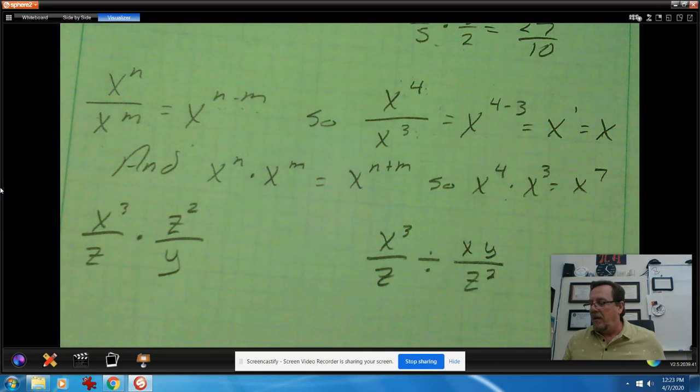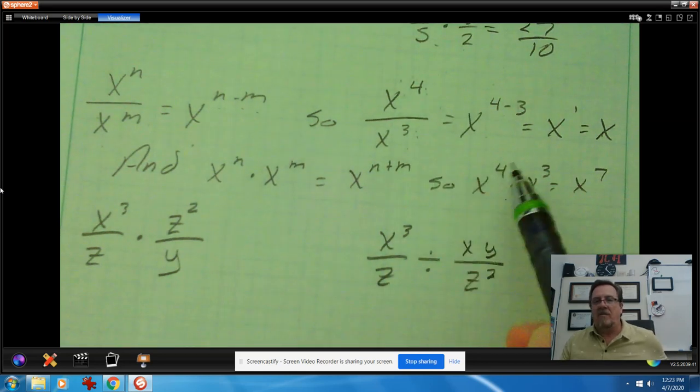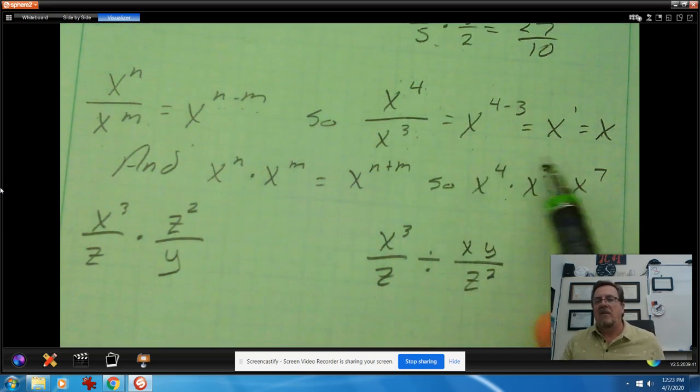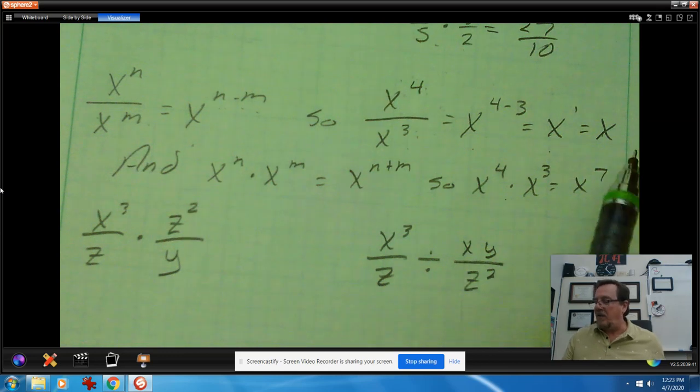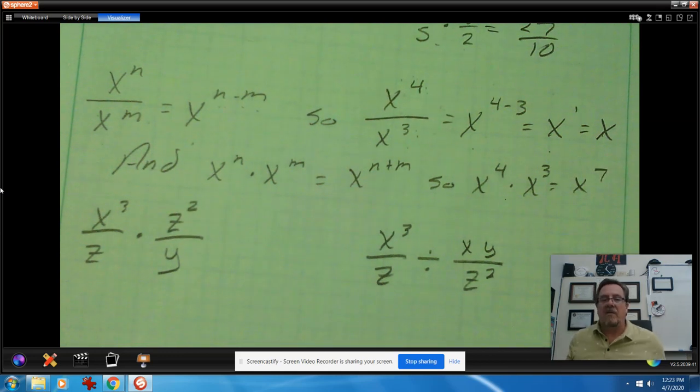And so x to the fourth over x to the third becomes x to the 4 minus 3, which is x to the first. Now, some of us still feel comfortable writing x to the first. We don't have to. Mathematicians get pretty lazy, so we usually just write x, because x to the first is just x, right? Now, that's what you do with fractions.